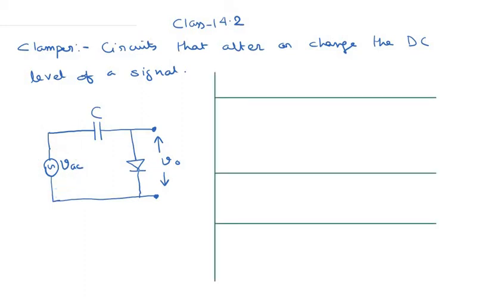Okay, now let us consider the graphs of how the signal input and the signal output will vary with time. So this horizontal axis is my time axis, and on this vertical axis, let us first consider our VAC signal. As I said, VAC is a sinusoidal source, so it's a sinusoidal signal.